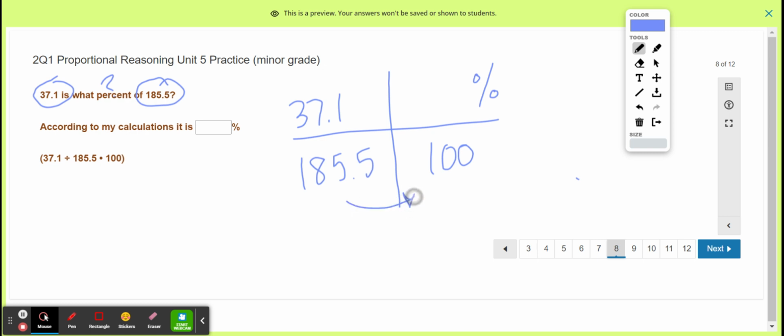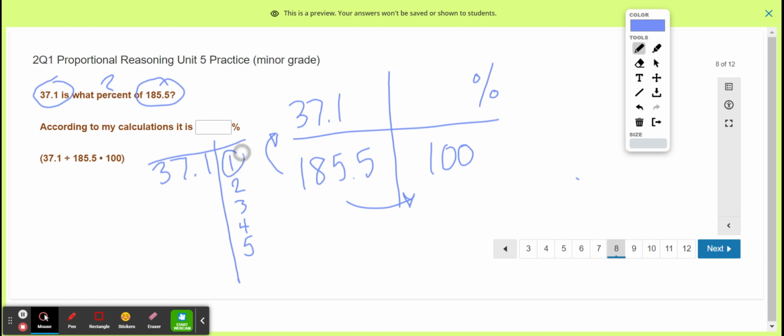So this does not have a direct factor, and this may have a direct factor from 185.5 down to 37.1. So what we may want to do is use a t-chart and find the multiples of 37.1 to see if it matches up with 185.